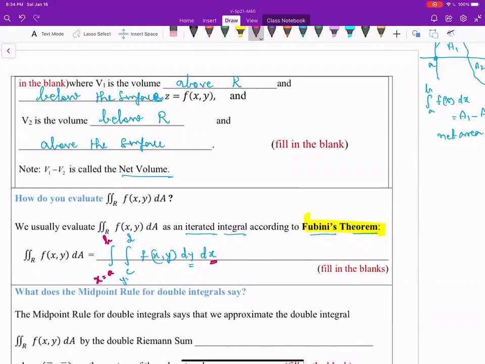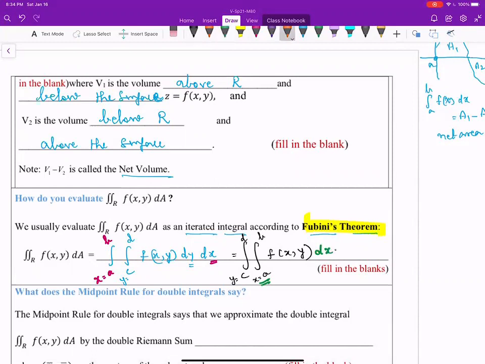It can also be written as the same integral, integral c to d, then integral a to b of f of x y. Now the inner integral is with respect to x, so that will be dx.